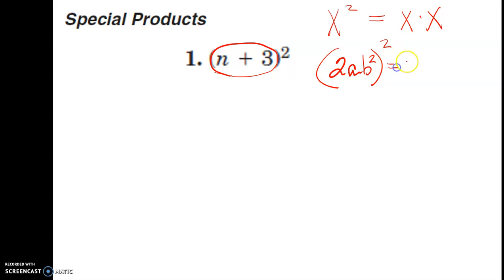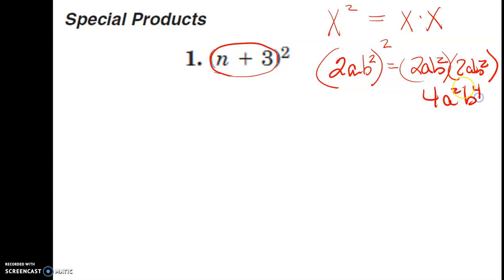In longhand, that means to take 2ab squared and multiply it by 2ab squared. And so that gave us 4a squared b to the fourth power. We did use the idea that everybody gets a piece of that square, so we had done 2 squared, a squared, and b 2 times 2, which still gives me the same result of 4a squared b to the fourth.